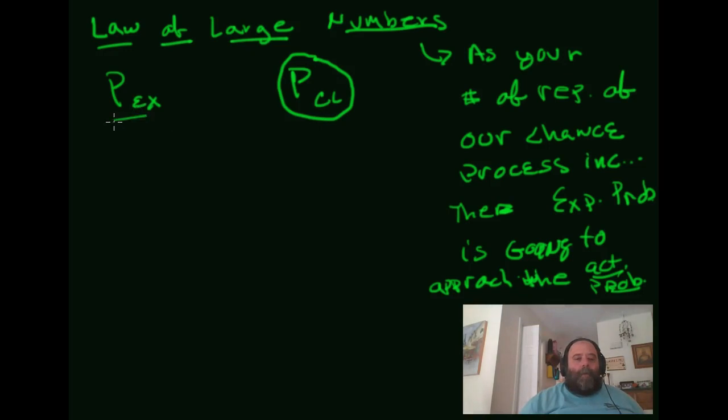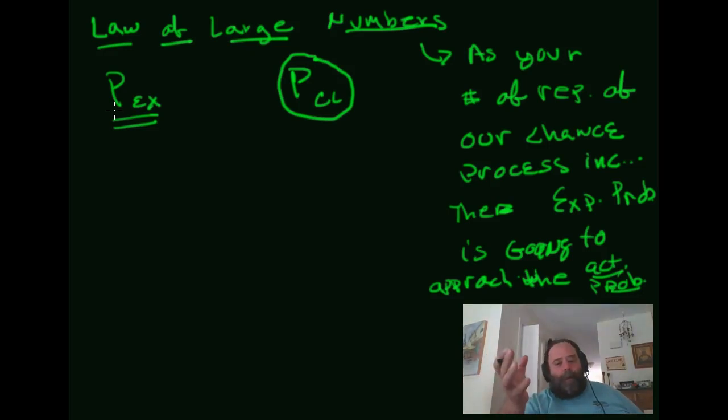Doing 1 repetition is not going to get me there. Doing 10 repetitions is not going to get me there. But if I do 1,000 repetitions, what I should see happening in a non-chaotic system is that the experimental probability, the probability I'm getting by doing a lot of trials, should start approaching some number. That proportion should lock in on some number, which is what we call the actual probability.